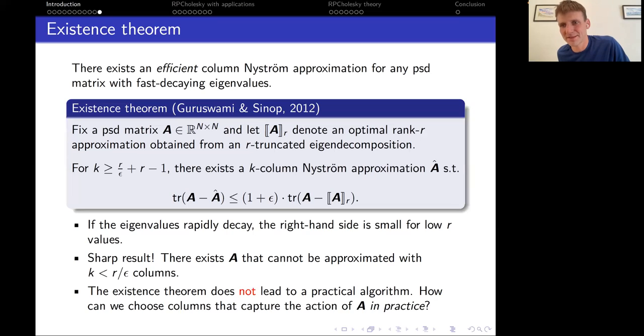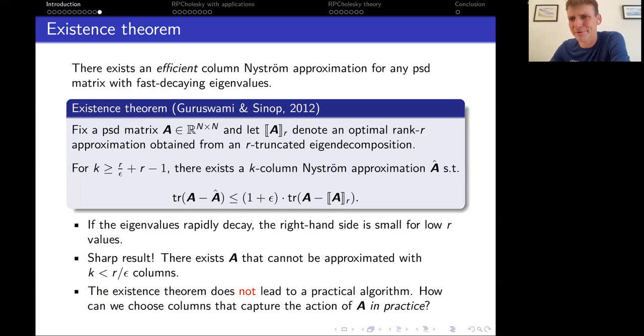But that's sort of minutia, especially since people often focus on epsilon being rather small, 1 over 10, for example. The existence theorem does not lead to a practical algorithm. How can we choose columns that capture the action of A in practice? That is the rest of the talk.